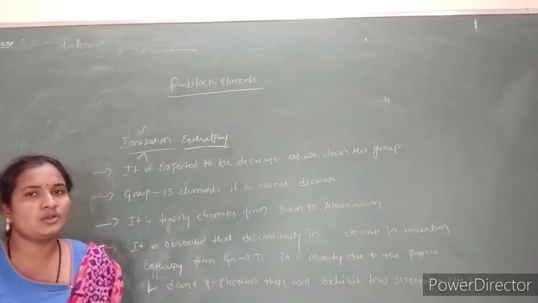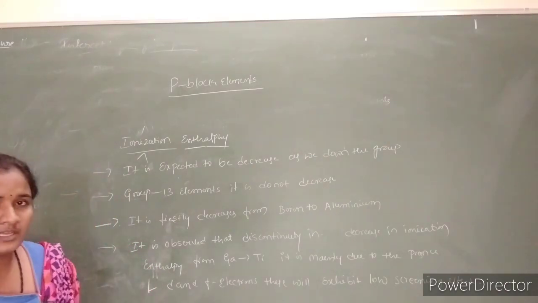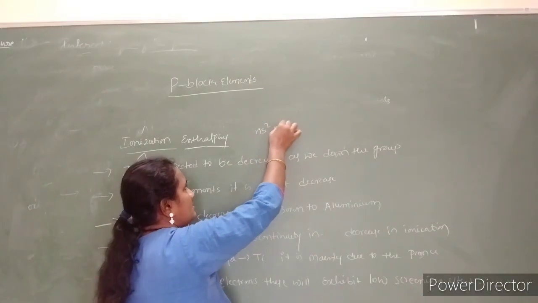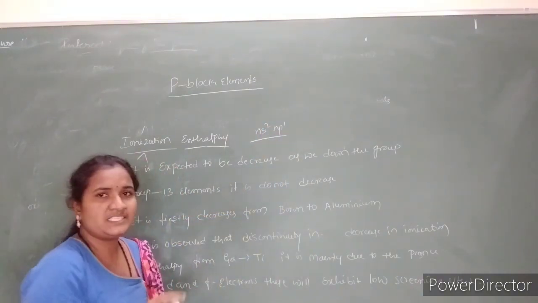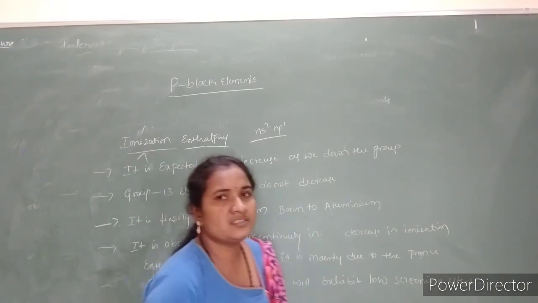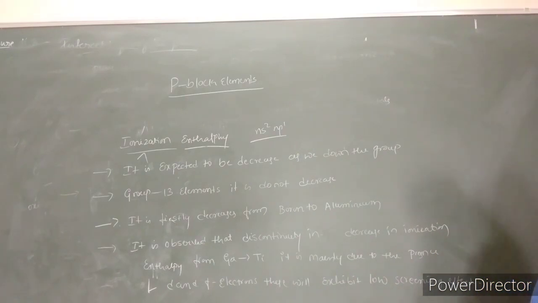They will exhibit the low screening effect. In general, these p block elements, the 13 group elements, have 3 valence electrons in their outermost orbitals. So that is why they show 3 ionization enthalpies, and the first ionization enthalpy is usually more than the second, and the second is more than the third.